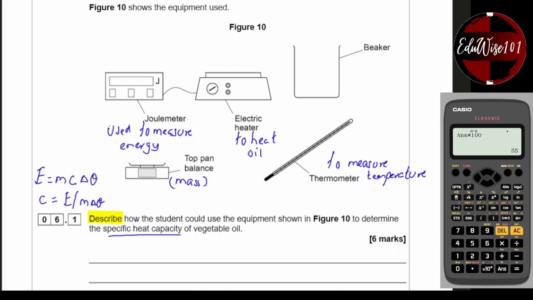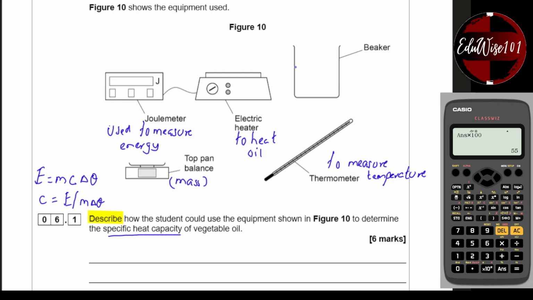So if you want to find the specific heat capacity, you need to know how much energy is going in, the mass of the oil, and how much the temperature increased by. And if you use it in this equation, you can find out the specific heat capacity.